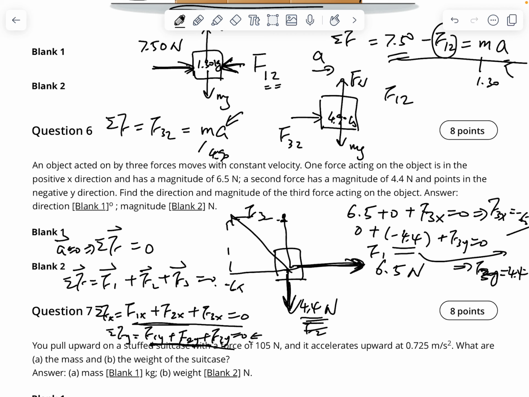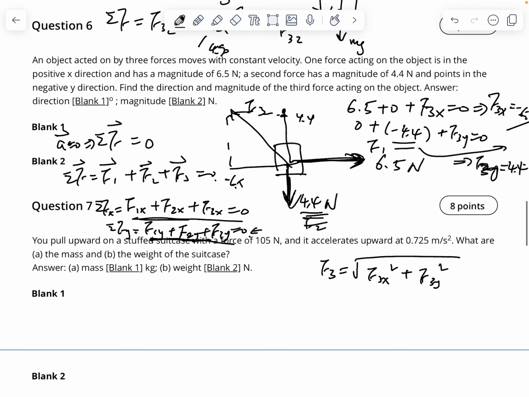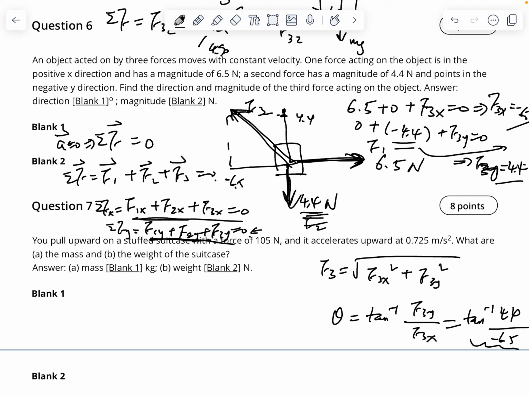Now what is F3? F3 equal to the square root of F3x squared plus F3y squared. The direction, angle theta, equal to inverse tangent of F3y over F3x. F3y is 4.4, F3x is negative 6.5, so you get a negative angle here. However, this is in the second quadrant, so whatever angle you get, plus 180. That's the angle.